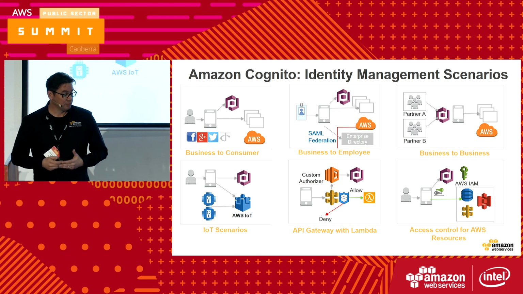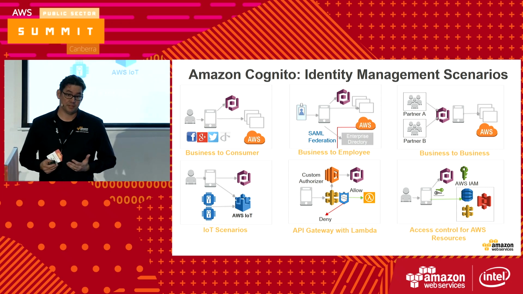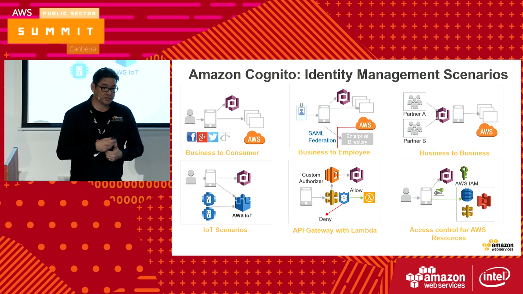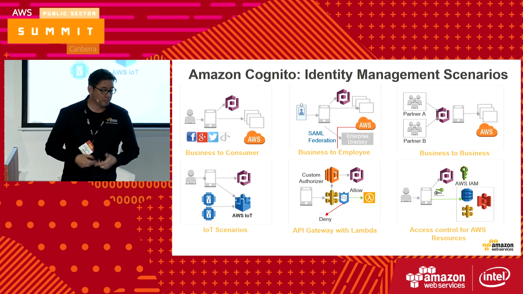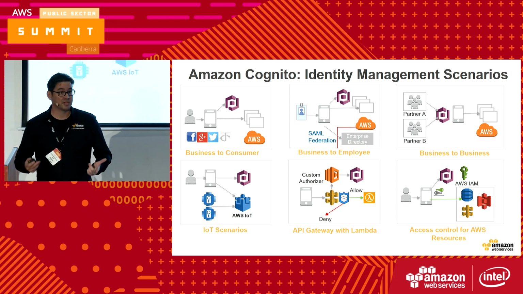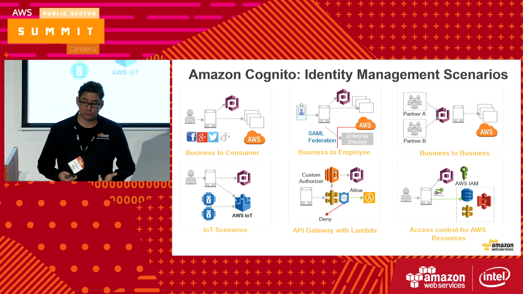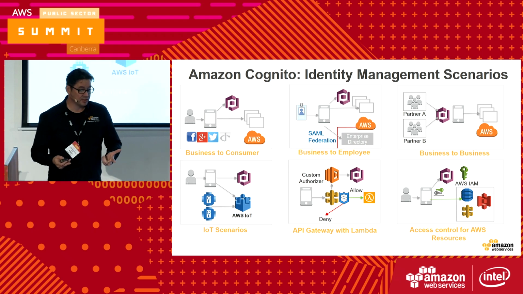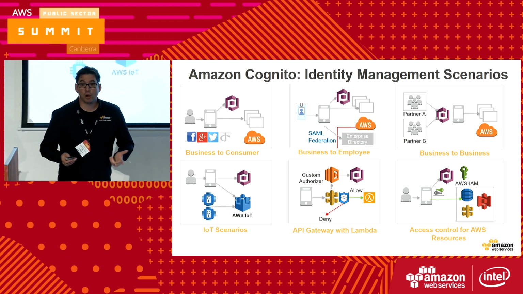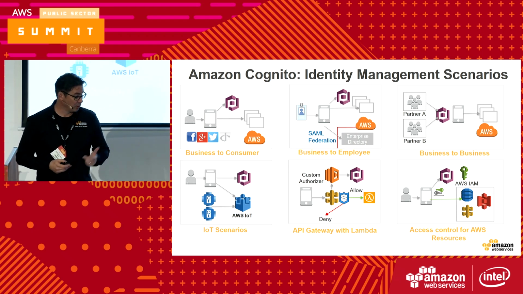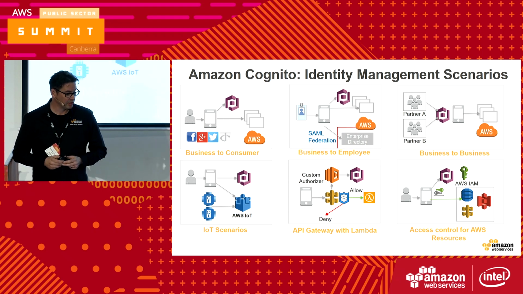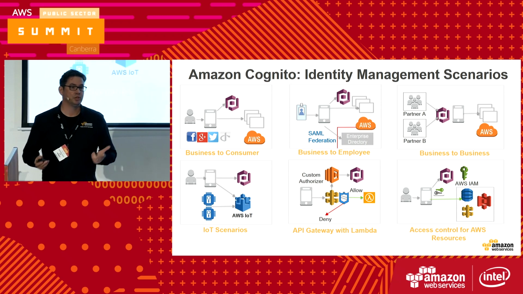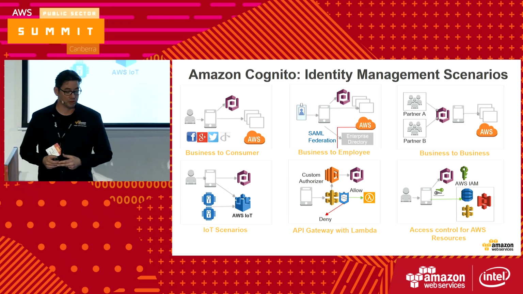Cognito has support for the following identity management scenarios. Business to customer through things like social identity providers, business to employee through your own SAML-compliant corporate identity store, business to business. You can extend your IoT scenarios by using Cognito as well and integrating with our IoT services, as well as being able to secure your APIs using Amazon Cognito.